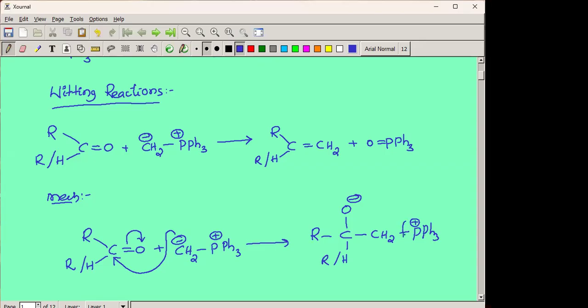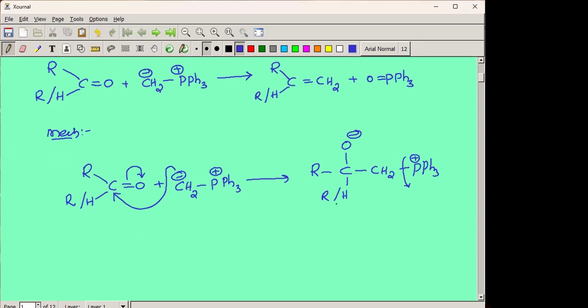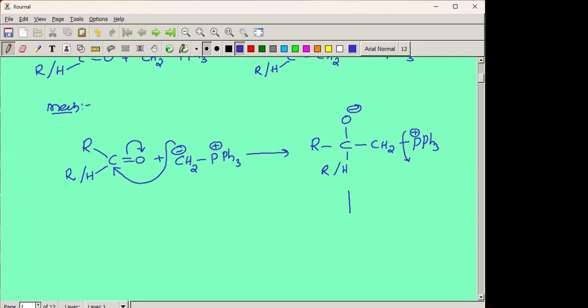Now this bond is broken and rearranged to the oxygen atom. The positive charge is added to the oxygen atom, so here we get OPPh3. The positive charge and the negative charge are neutralized, so there is no more positive charge.